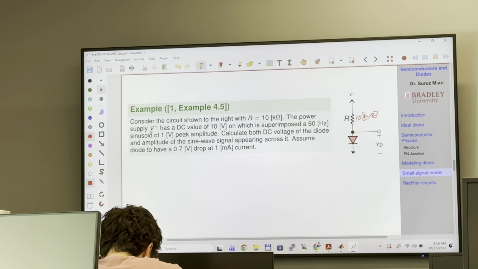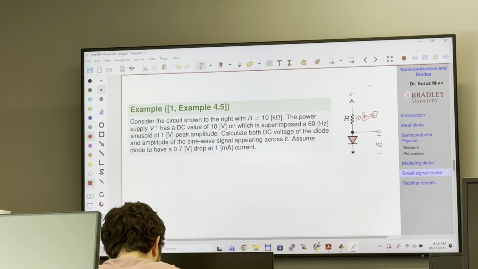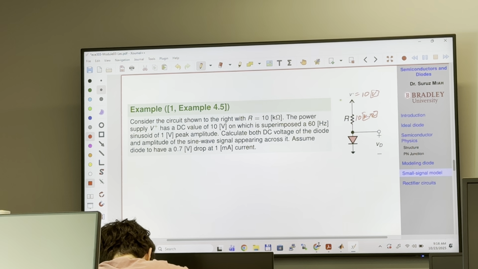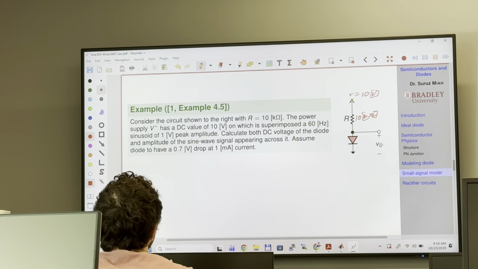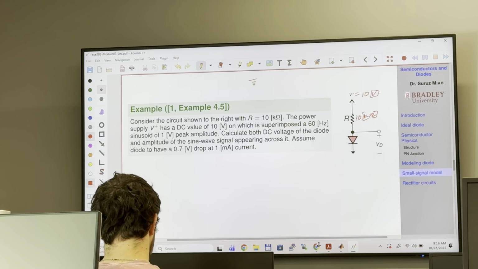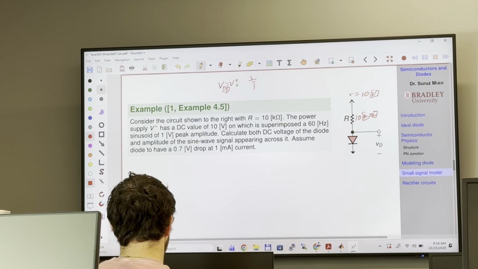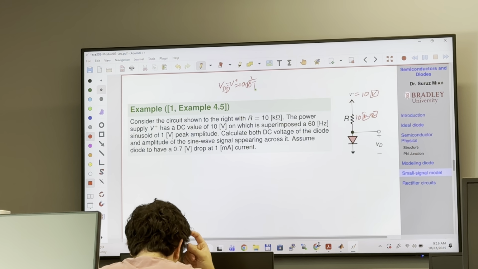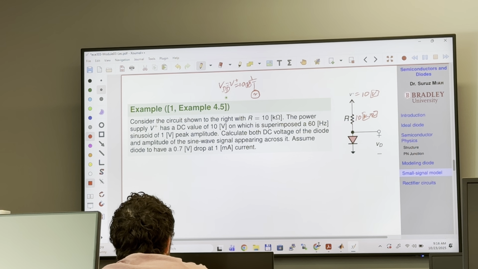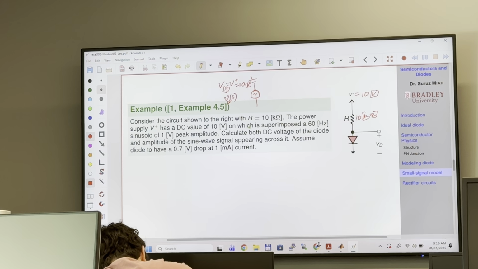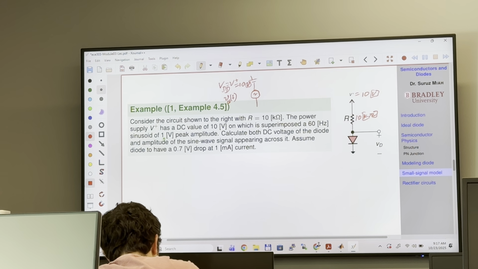The power supply V plus has a DC value of 10 volt, on which is superimposed a 60 Hertz sinusoid of 1 volt peak amplitude, which means that you have a DC V_DD, which is V plus equals 10 volt, and then we have a small signal v_d(t), and this small signal is a 60 Hertz sinusoid of 1 volt peak amplitude.